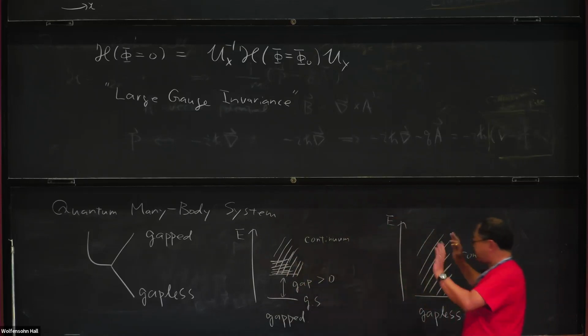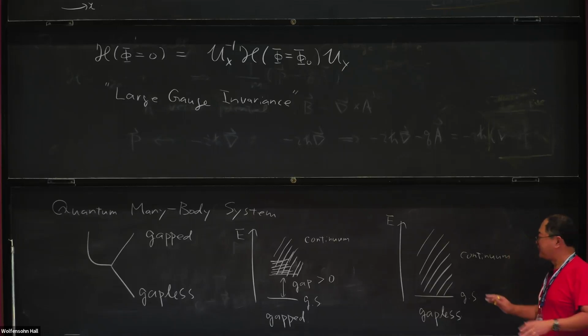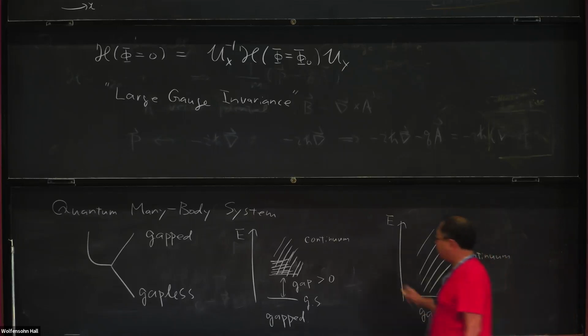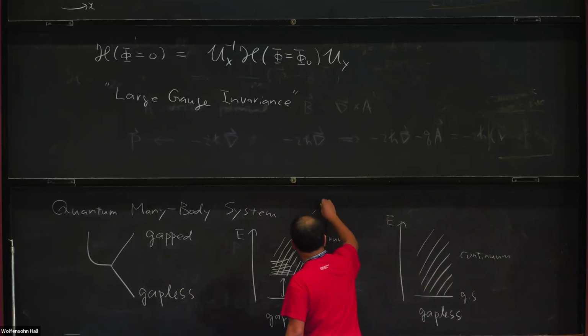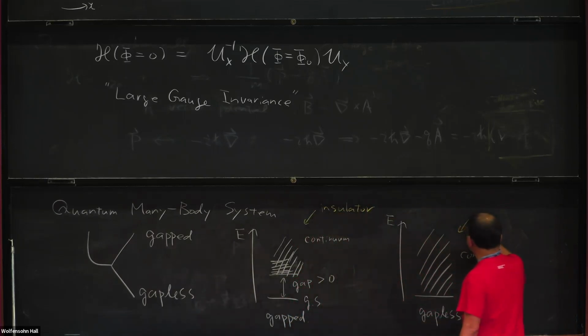Although, as I said, the relation to conduction property is rather non-trivial, that's a very rough understanding. So very roughly speaking, an insulator should correspond to this, and a conductor should be gapless.